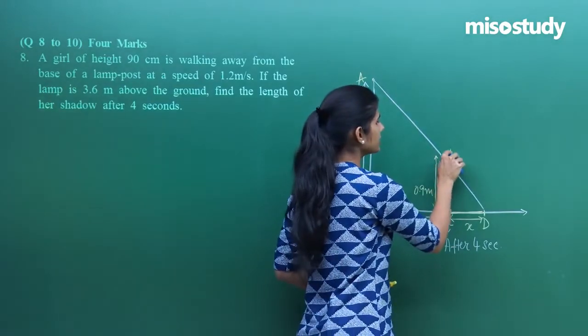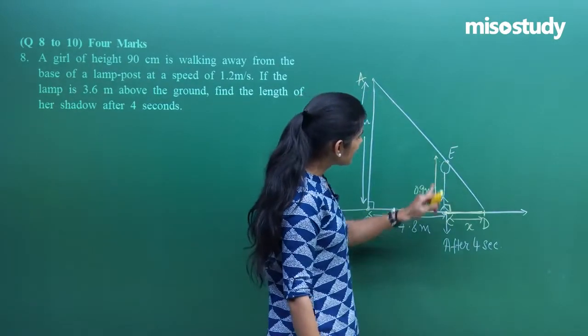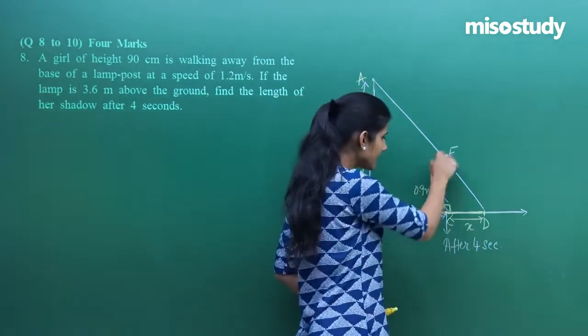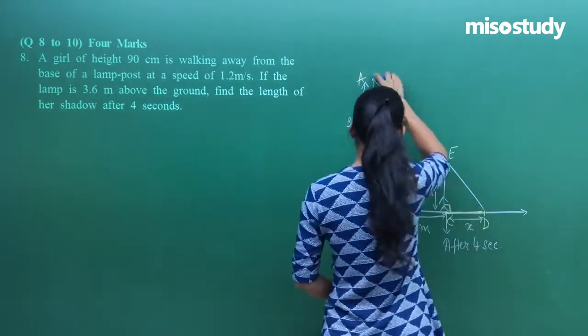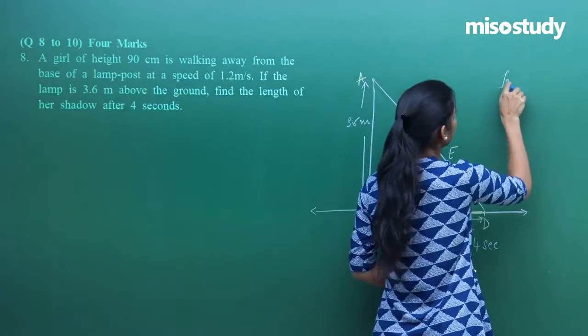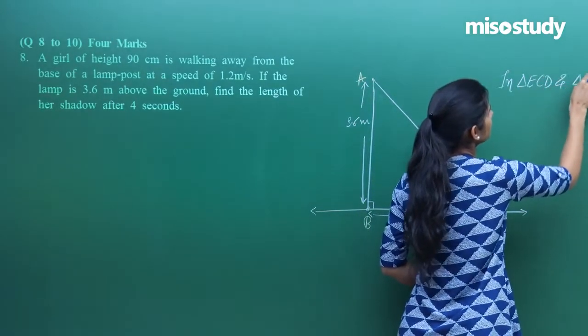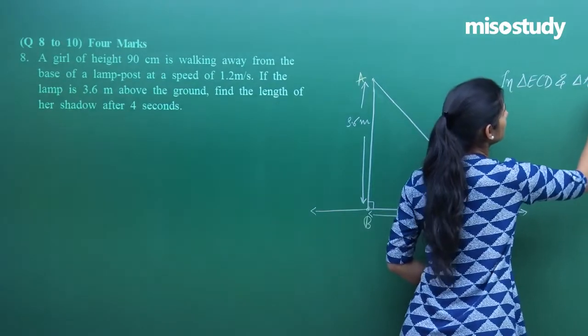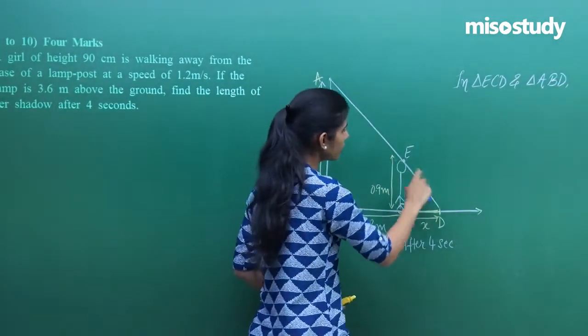Say this point is E. Now try to see in triangle ECD. This girl can act as a line. So in triangle ECD and in triangle ABD, what are we having in both the triangles, the bigger one and the smaller one?